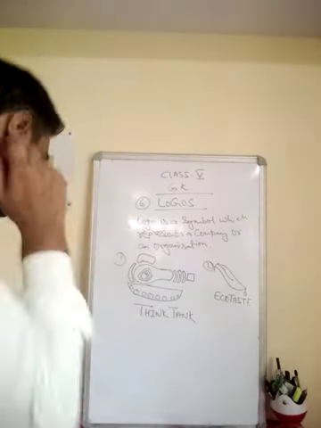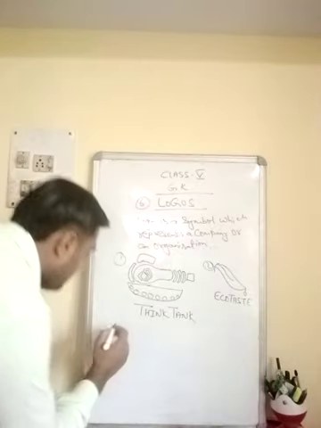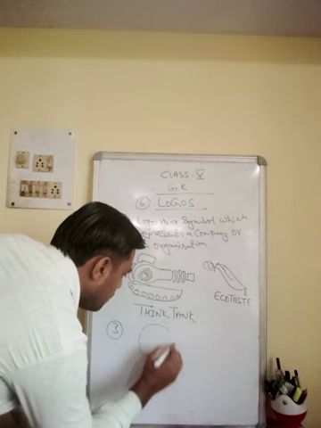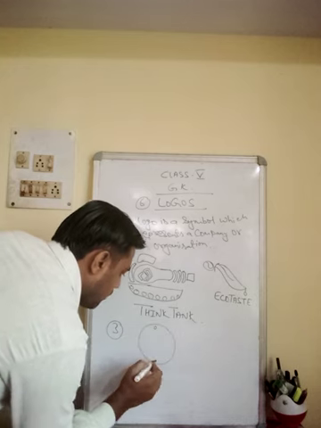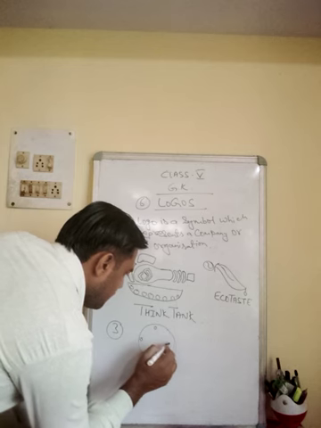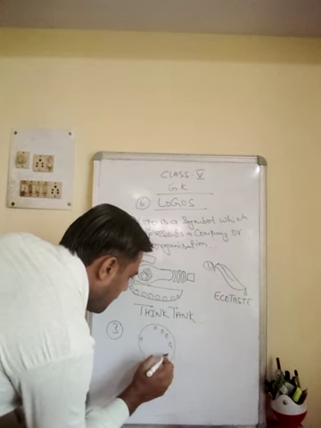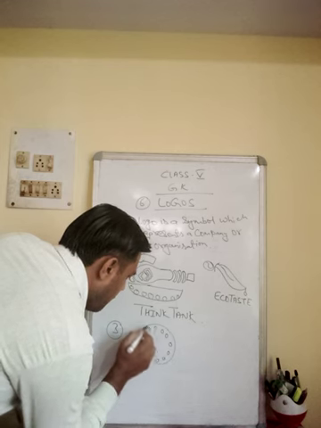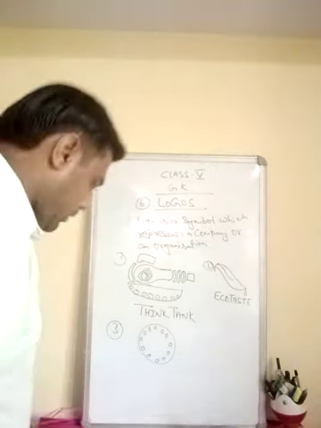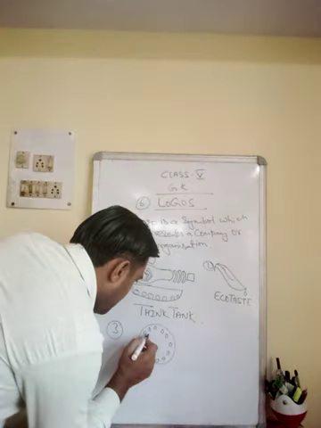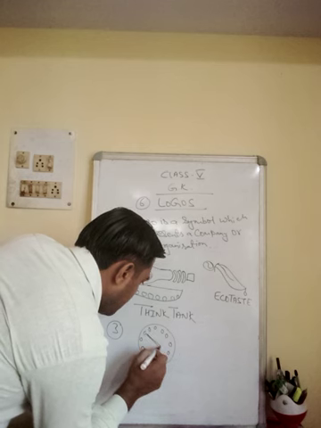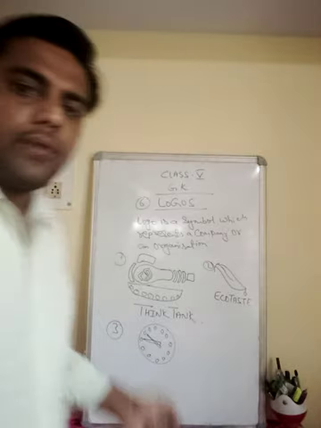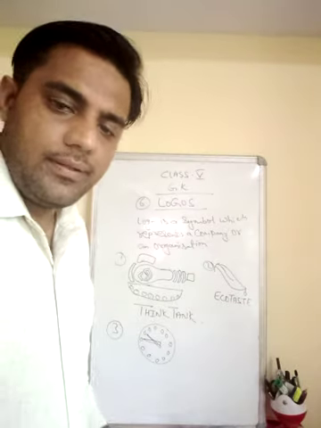Okay. Then in the third one, you have a clock. You have a clock, and this clock is represented by two hands, one pointing at 10, another pointing at 9.